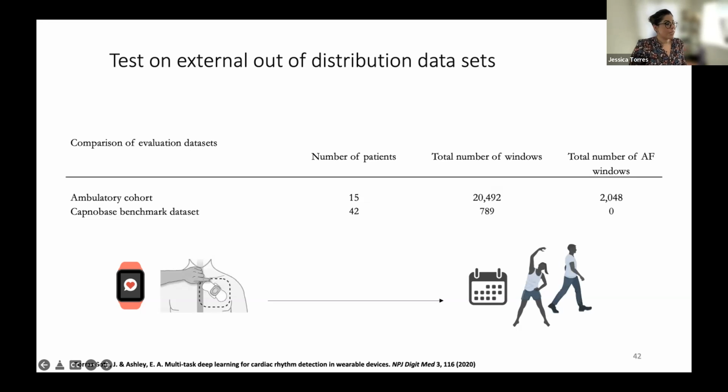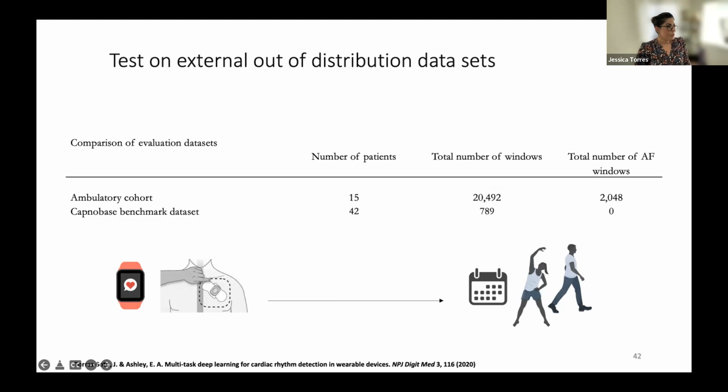It's important to note that we sent them home with different devices that were of a different generation of Samsung. We also sent them home with the Zio patch, which is essentially a 1-lead ECG patch that monitors your heart, so we use that as a gold standard. And again, we sent them home for a week and asked them to go about their general lives.